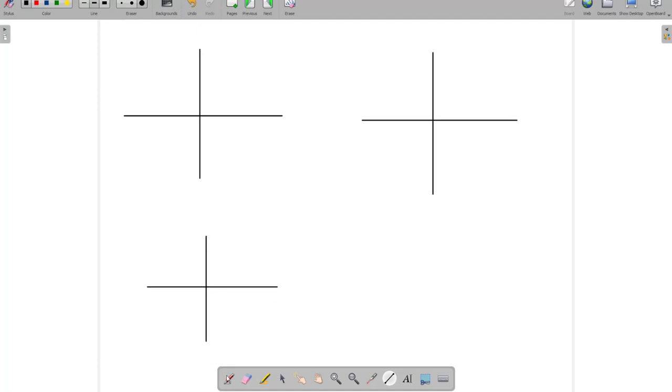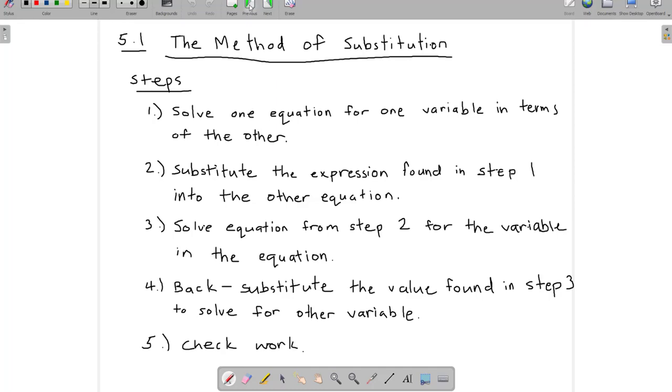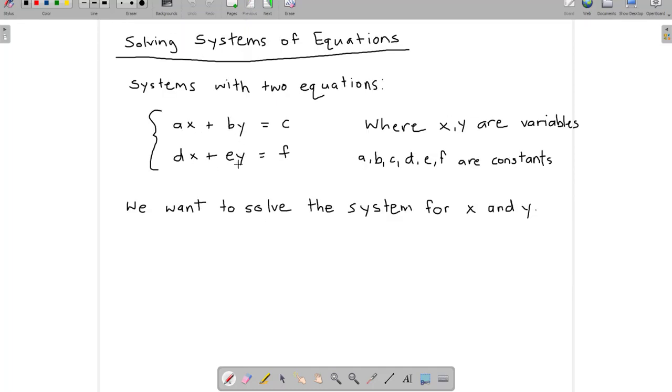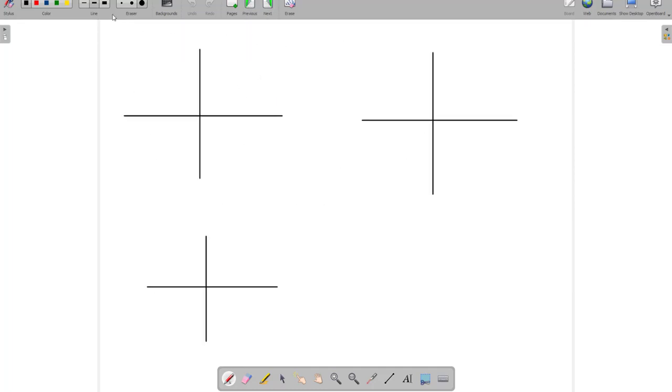Since we're solving a system of two equations, we're essentially seeing where these equations intersect. And since they're linear, we could have line 1 like this, line 2 like this. You'll notice that they have one intersection point. So you can have one solution.